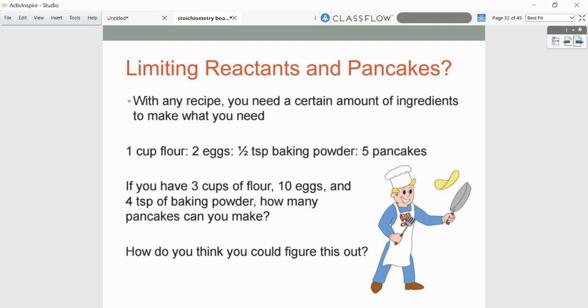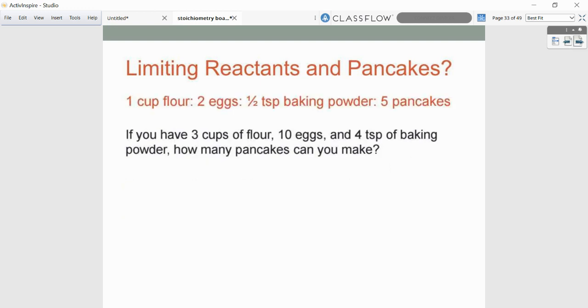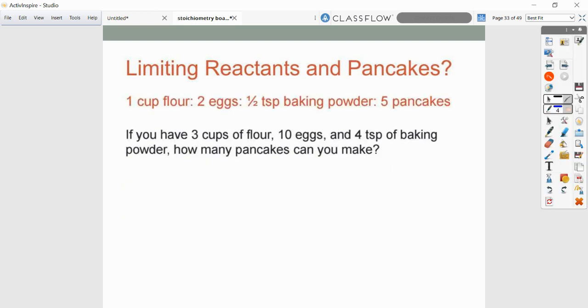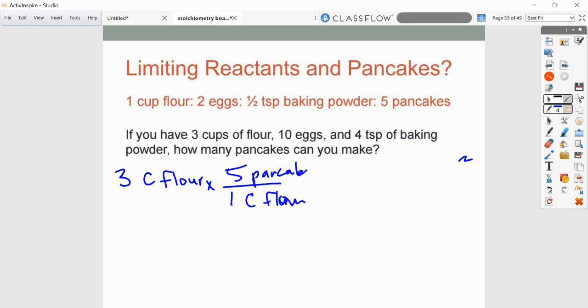Well, probably you'd look at each ingredient and you'd figure out, well, how many pancakes can I make from that ingredient if I have that much? So if we use like we did before, here's our general mole ratio. If we had 3 cups of flour, for every 1 cup of flour, we can make 5 pancakes. So we can make 15 pancakes from that.